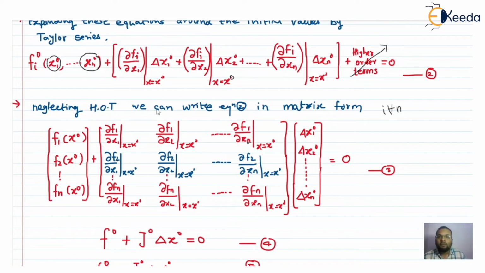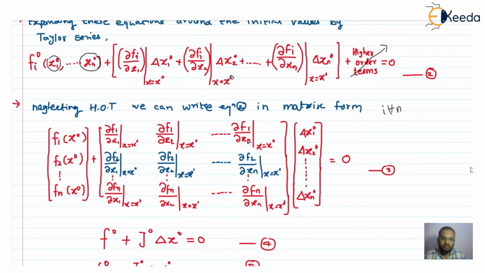This way we continue up to xn. Since these are in multiplication, we can write the corrections in a separate column matrix as del x1^0, del x2^0, up to del xn^0. Let us equate it to 0. Let us call this equation number 3.